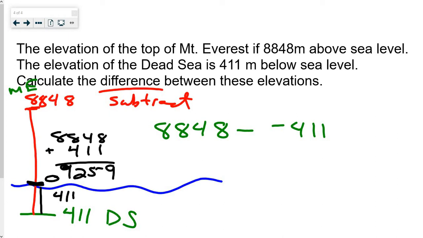So we know that two negatives beside each other equals positive. So 8,848 plus 411, and we're going to get 9,259 meters.